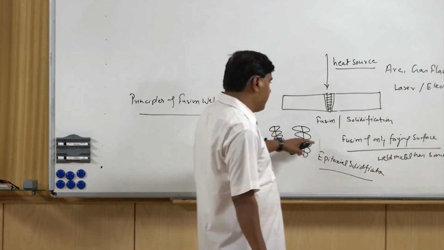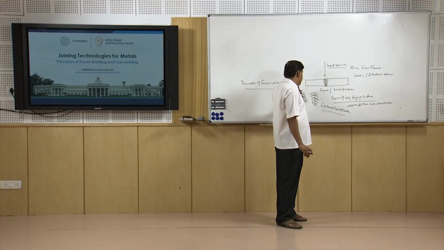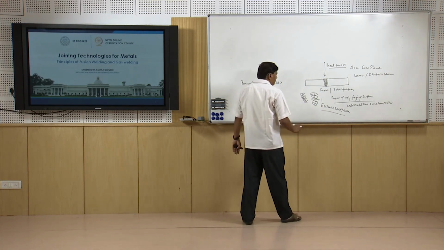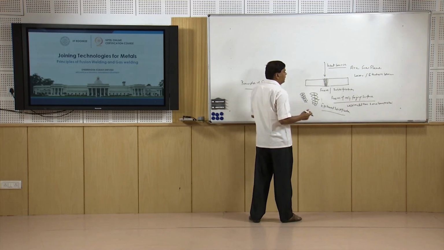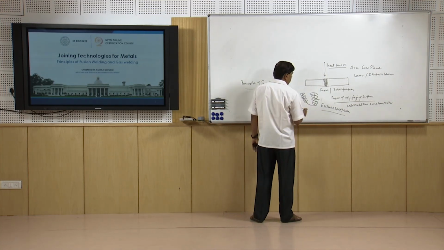And this happens when the composition of the weld metal is similar to the base metal, but if the composition is different, then the nucleation and the growth mechanisms are involved for completing the solidification.